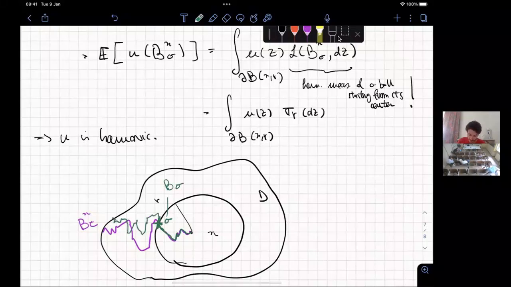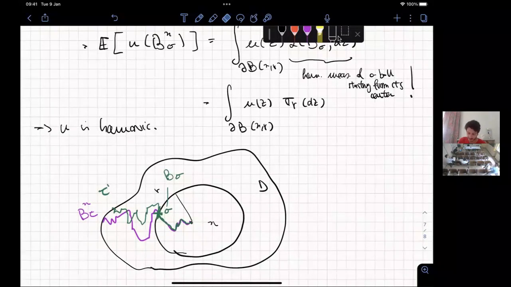And now we call t prime the hitting time of the boundary of a Brownian motion starting not from small x, but from b_sigma. So basically we split this trajectory, the one that starts from x to b2, into parts. We stop at sigma and then we go there.